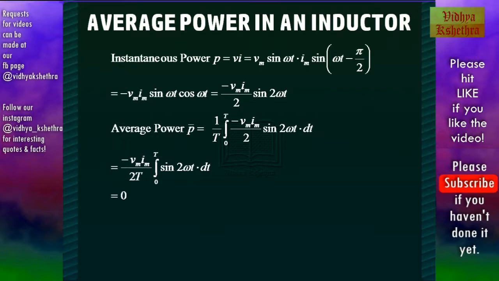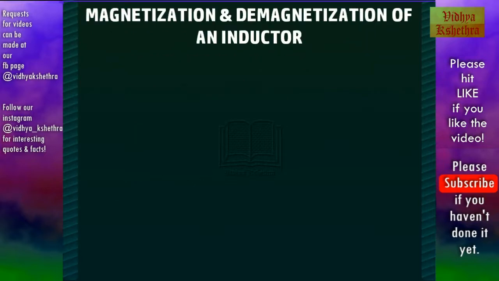Hence this equation reduces to negative Vm Im by 2 into sin 2 omega t, as we know that sin 2 omega t is equal to 2 sin omega t cos omega t. Now the average power P dash can be found out by integrating over the interval 0 to T, where T is the time period, divided by T, which becomes 0.